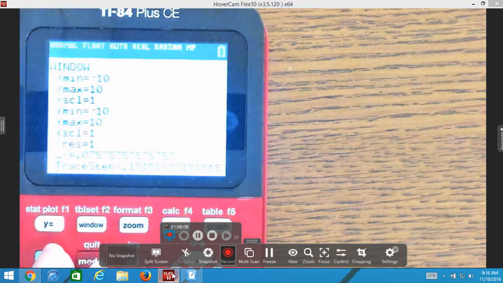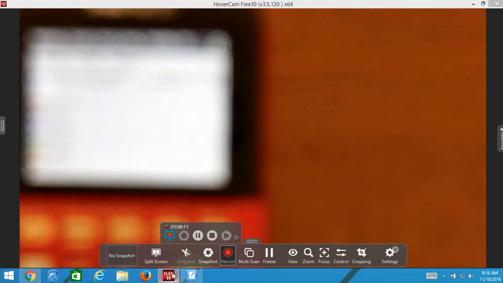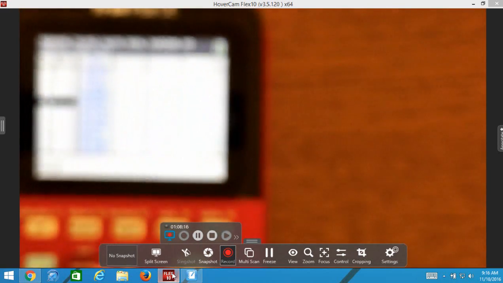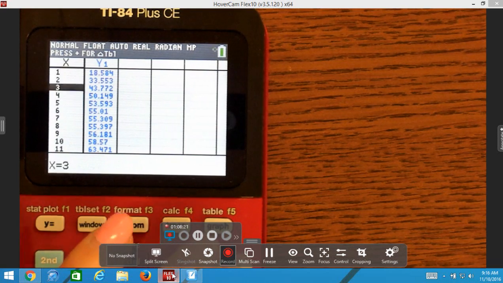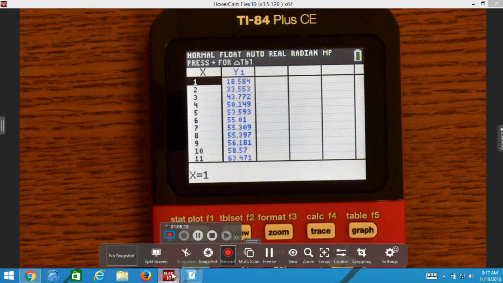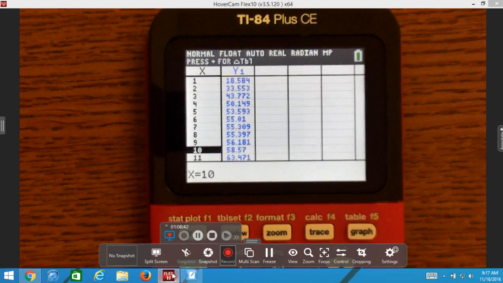To find the y min and the y max, go to your table and look at your table when x is 1. At your table, when x is 1, y is 18 point something. How about when x is 10? 58 point something. 57. So that would be the y minimum and the y maximum.